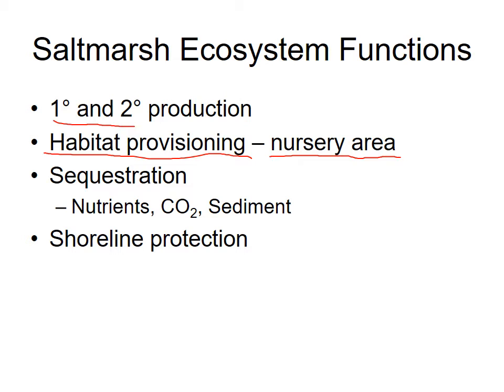And then there's a lot of trapping of potentially harmful materials that salt marshes do, and that's called sequestration. So salt marshes will sort of suck up and hold on to nutrients, excess carbon dioxide, and sediment, preventing the eutrophication and excess sedimentation of the coastal environment. So this is really important for keeping water quality good enough for seagrass beds and other benthic ecosystems that need good water quality.